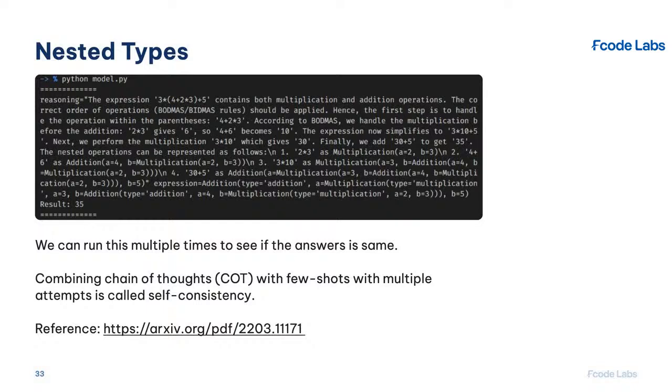We can run this example multiple times to make sure that the generated result is valid. This is called self-consistency, where we run the same thing multiple times and validate the result against the best answer. It's given in this research paper. You can have a look.